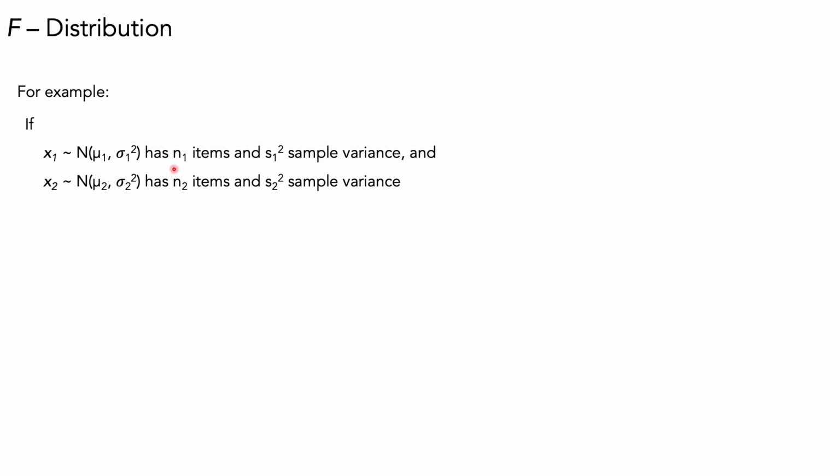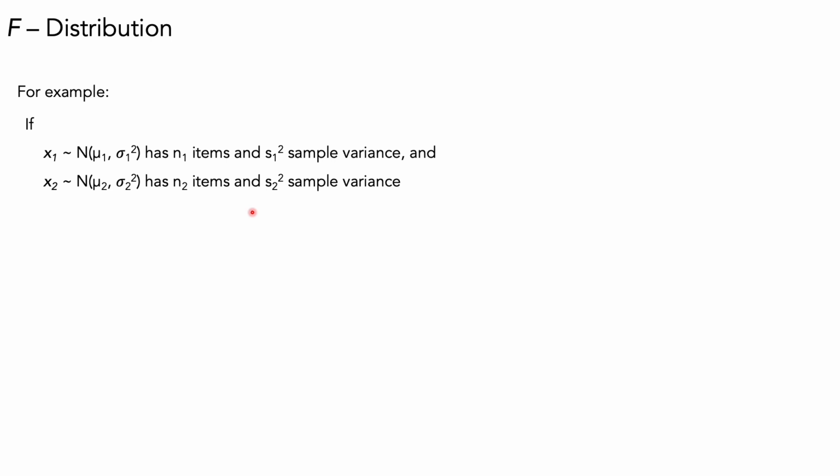Here x1 has n1 items, and its variance is represented with s1 square, and x2 is selected from a normal probability distribution which has mu2 as the mean and sigma 2 square as the variance, and this sample has n2 items in it, and its variance is represented with s2 square.